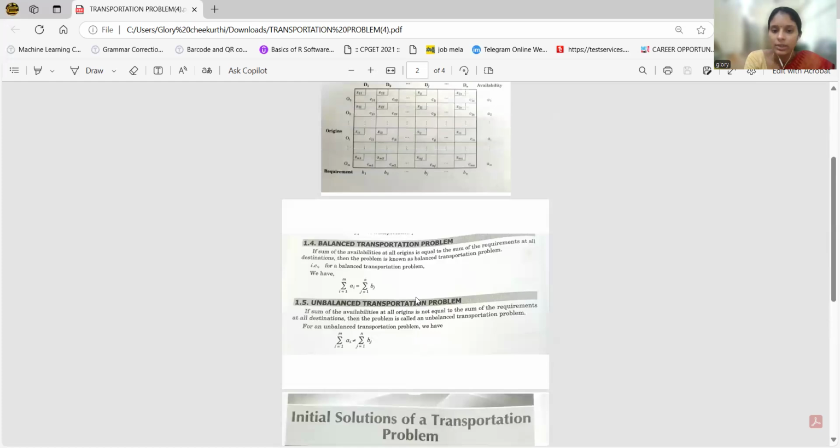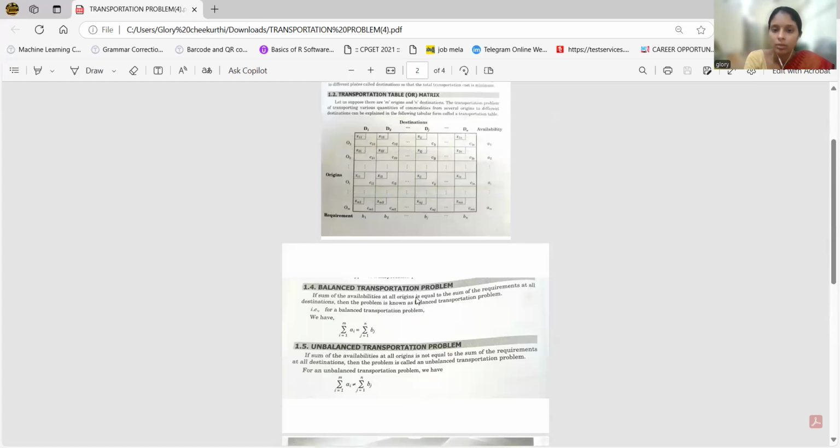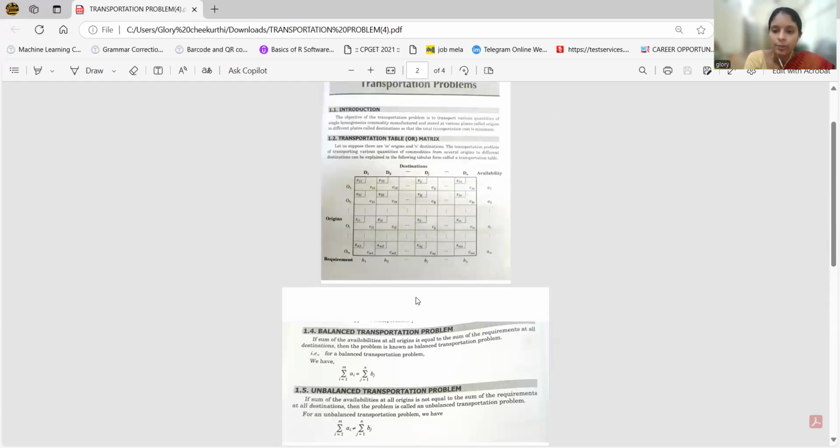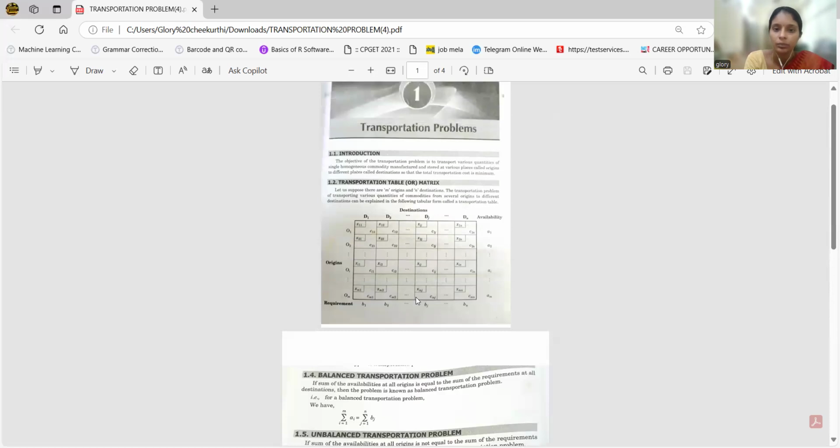We will discuss many more concepts as soon as possible. As we observe in this transportation table, availability values and requirement values for various origins and destinations are shown. C11, C12 are the costs of transporting quantities or commodities from origin to various destinations.